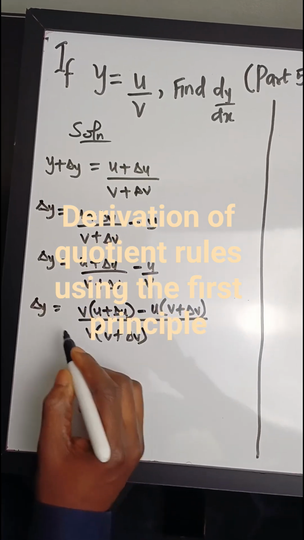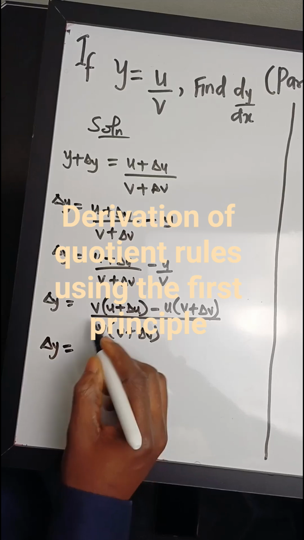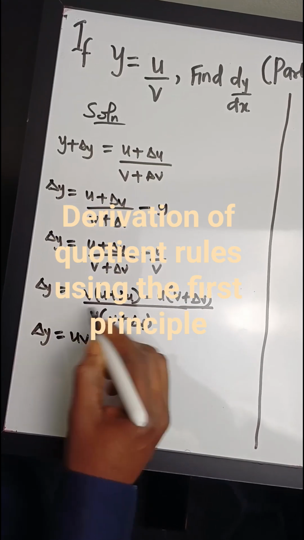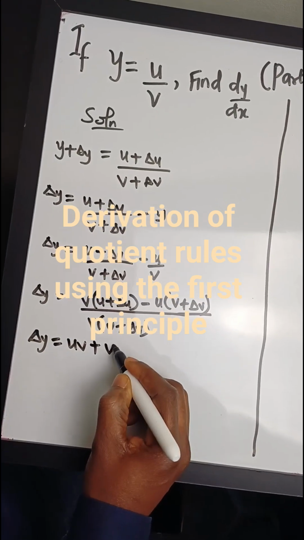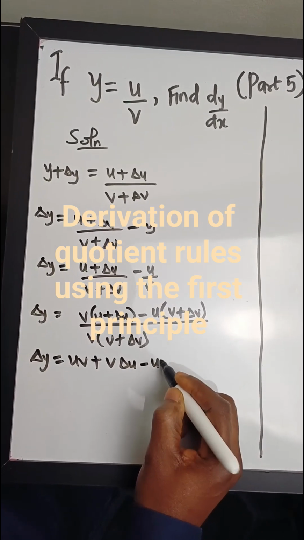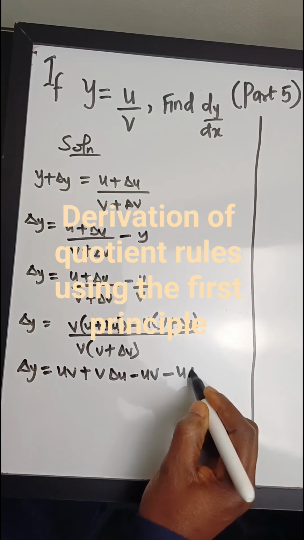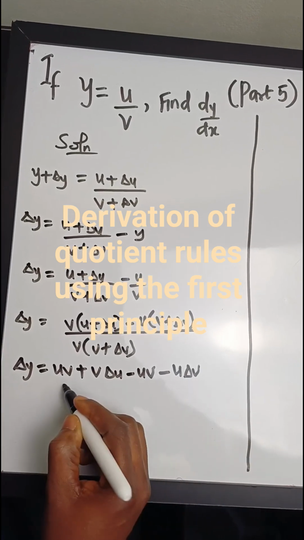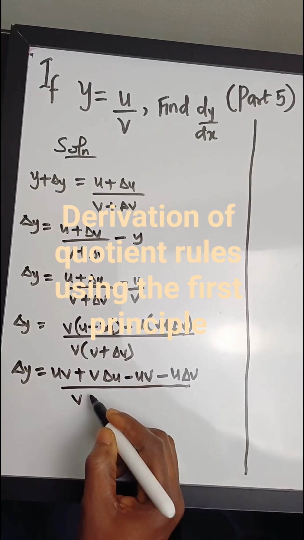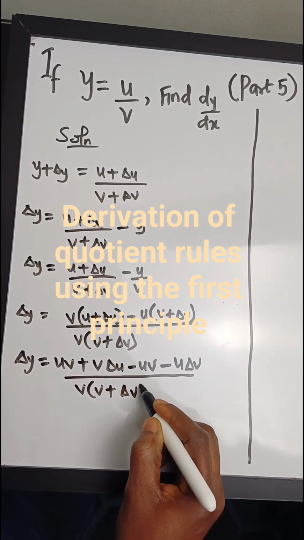So at this point, we can clear the brackets. So change in y will now be uv plus v du, minus uv minus u dv, over v into bracket v plus change in v.